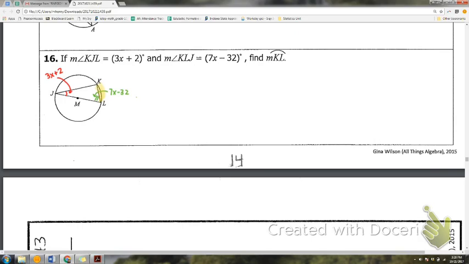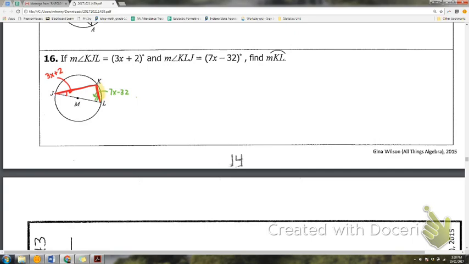Interesting. All right, well, we don't know what these two angles open up to. We do know that arc KL is going to come from angle KJL, but we don't know how much that is. But remember that one of these angles, JKL, is opening up to the diameter. You guys see that?